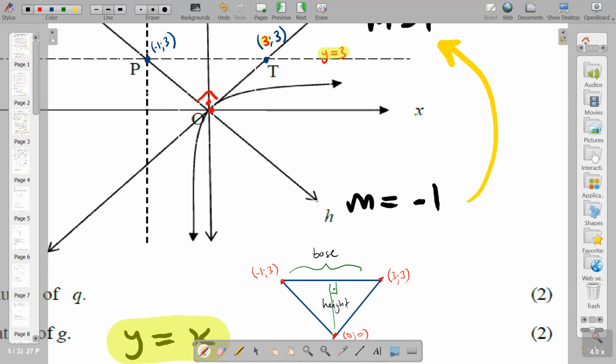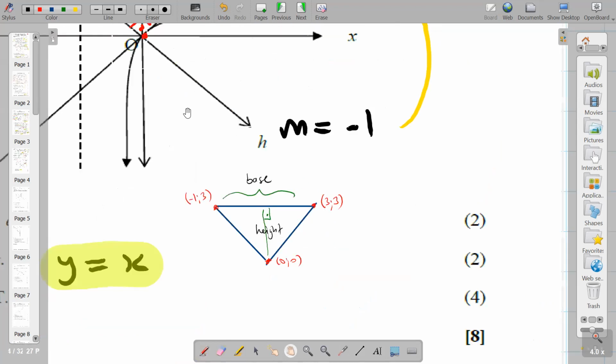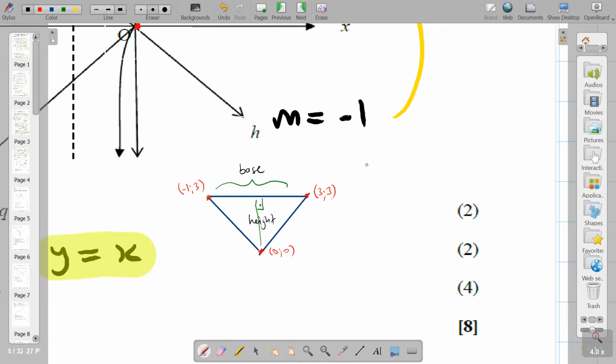The area of a triangle is half times height times base. So you just need to tell me the base, the distance from -1, 3 to 3, 3. It's actually a horizontal distance, so you can just say 3 minus -1, which is 4. And what is the height? The distance from 0, 0 to a point on this line.